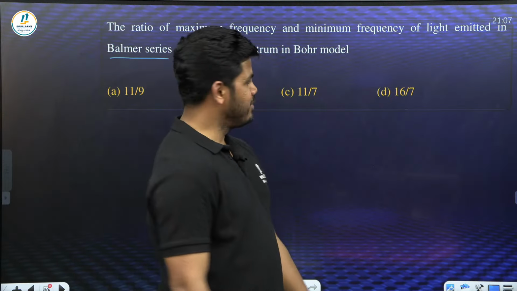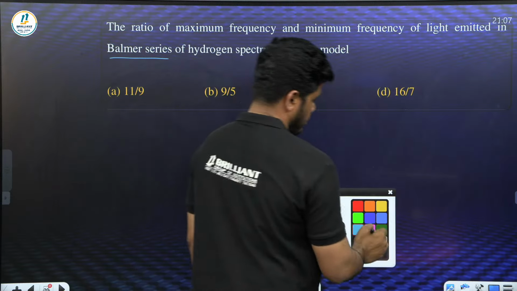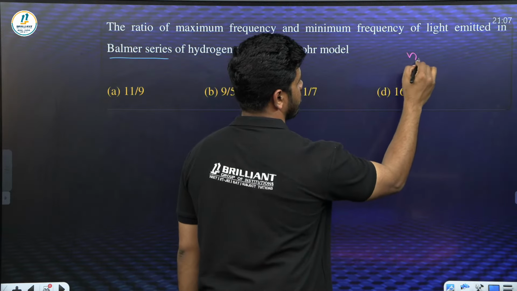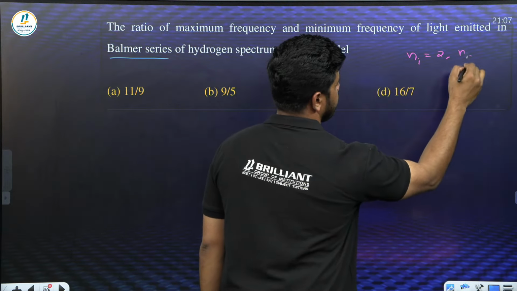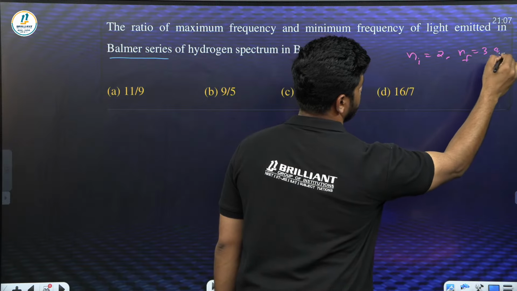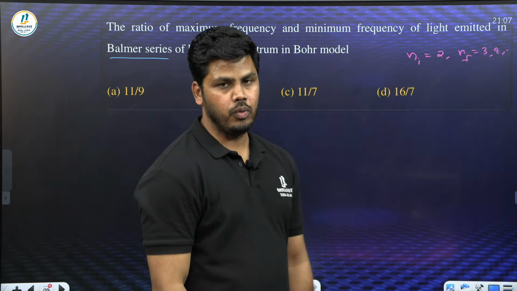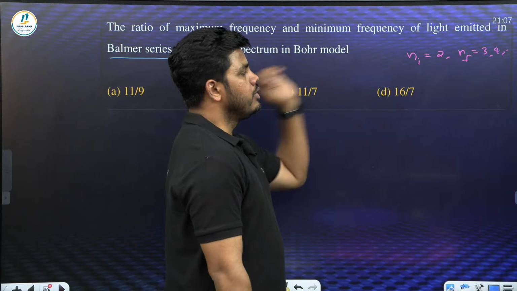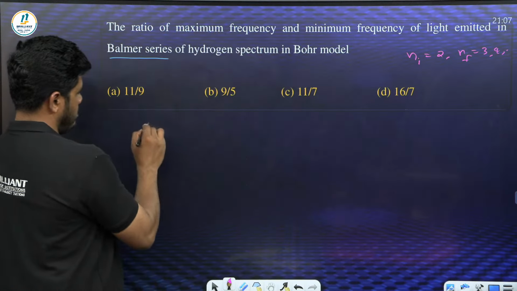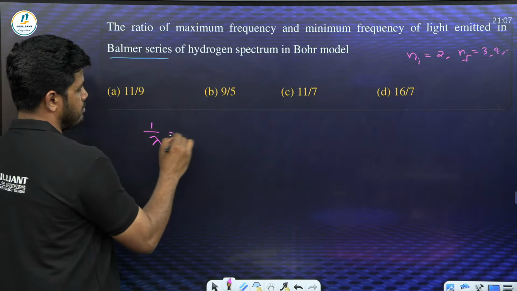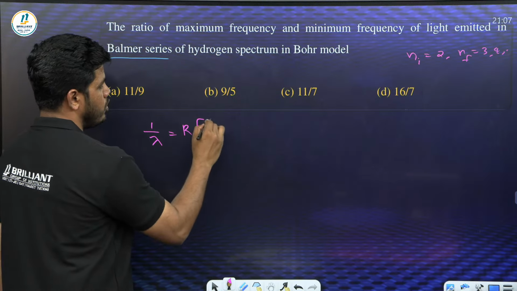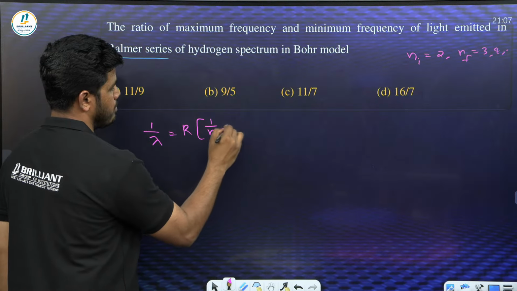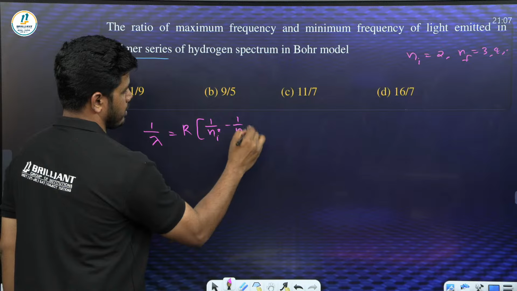And we know how Balmer series are formed. Balmer series is produced when the final orbit is 2 and the initial orbit can be 3, 4, 5, etc., any value higher than 2, the second energy level. And we know from Rydberg's formula, 1 by lambda is going to be R into 1 by Ni square minus 1 by Nf square.